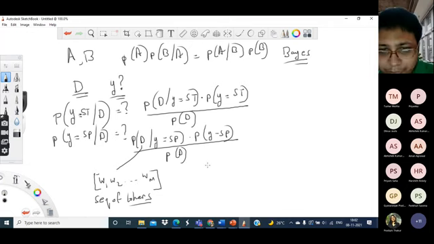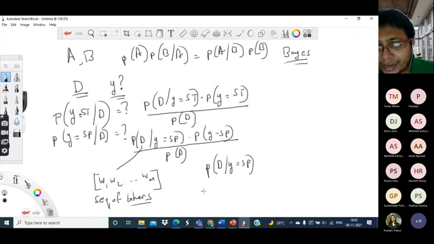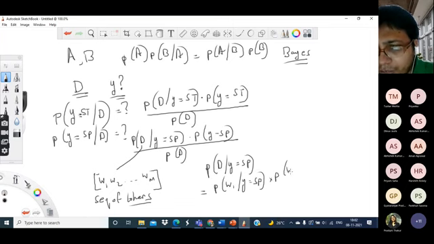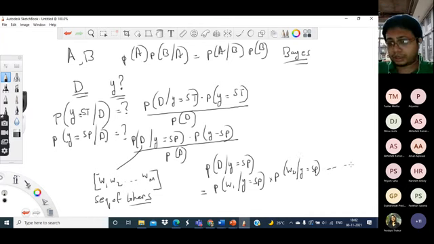So P of D given Y equal to sports, I can just write as the product of P of W1 given Y equal to sports, times P of second word given Y equal to sports, and so on. I can just go on multiplying.